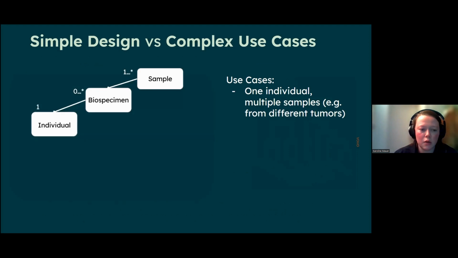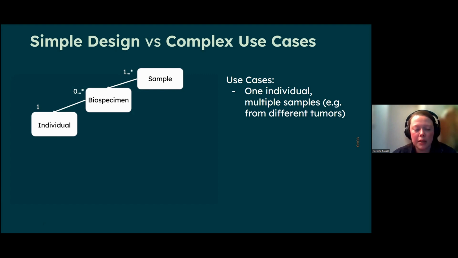And here we take a look into the relationship between the sample, biospecimen, and individual entity. You can see that one individual can have 0 or more biospecimen, which would then be the different tumors, and each biospecimen has 1 or more samples, and the samples are then what is in the end sequenced.